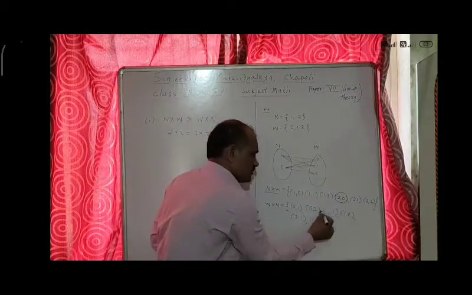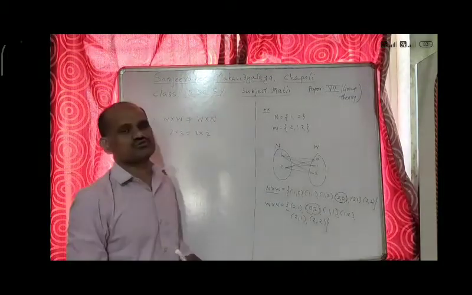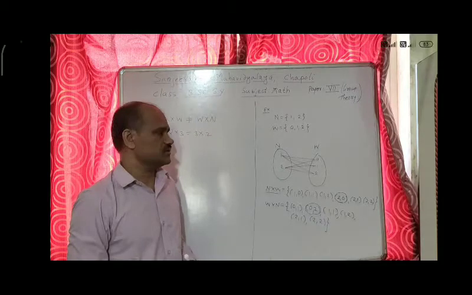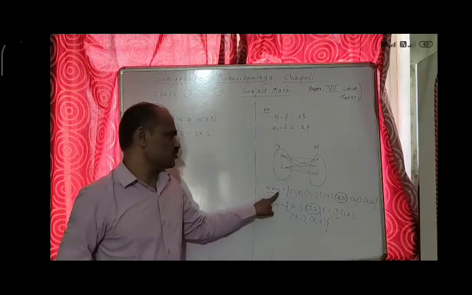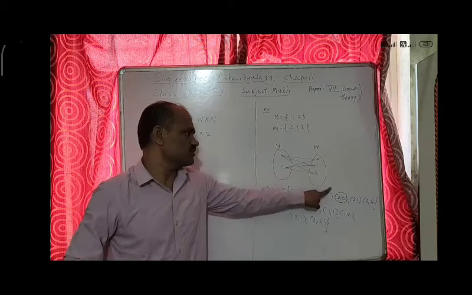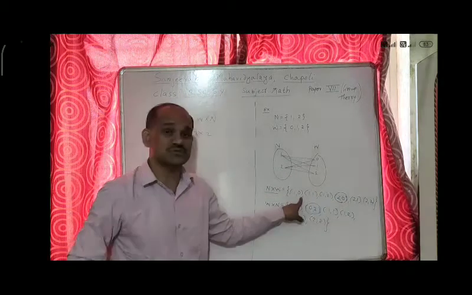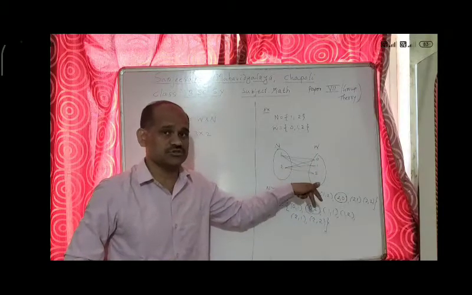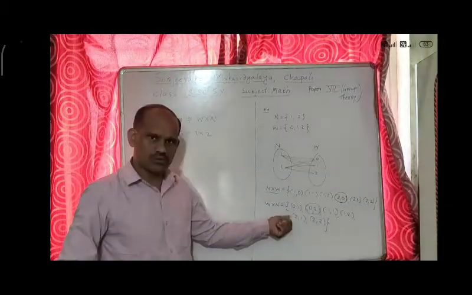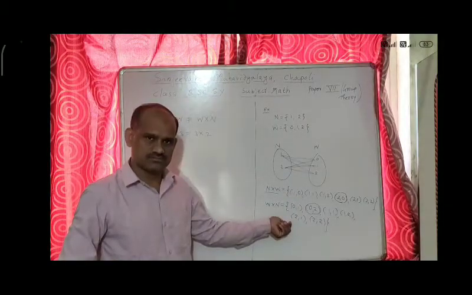There is a (2, 0) element in one and a (0, 2) element in the other. In N cross W, there is a term with 0 in the second position; in W cross N there is no term with 0 in the second position.